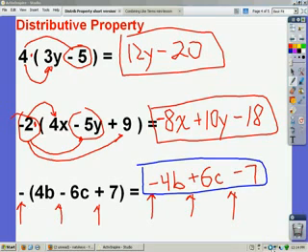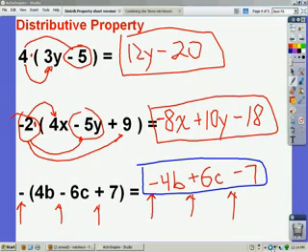So this is a multiplication problem. -2 times 4x is negative 8x. Negative 2 times 5y is positive 10y, or plus 10y. And that last term, negative 2 times 9, is minus 18.